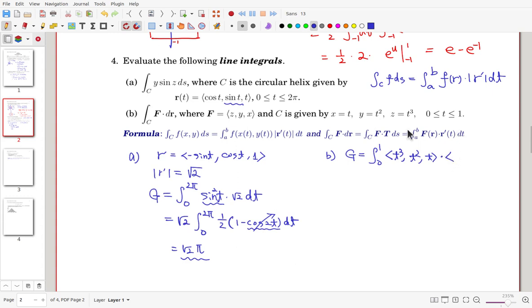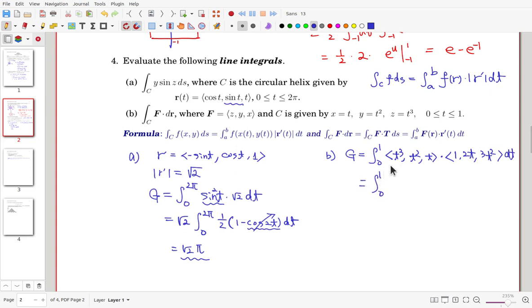Now r prime, the derivative: for x it is 1, for y the derivative is 2t, for z the derivative is 3t squared. Okay, we have to evaluate this one.